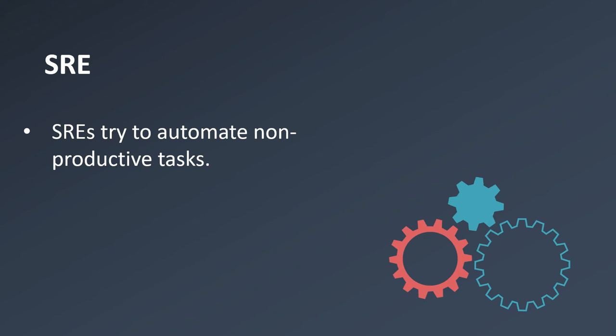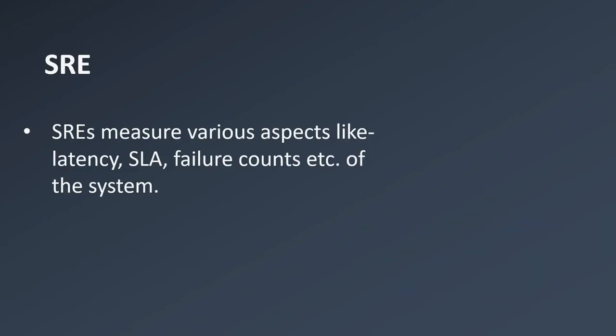Another important aspect here is that we want to measure everything, like latency, SLA, and failure counts, right? After measuring, we can know our current level, and then we set higher goals to reach higher levels.